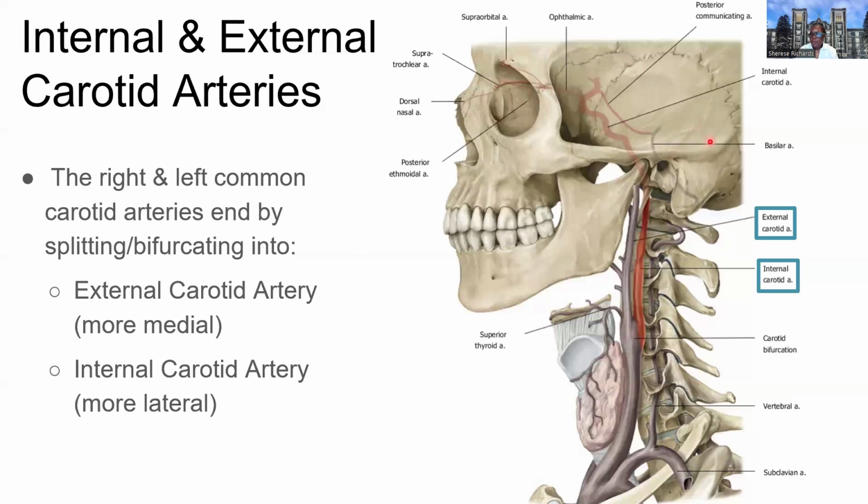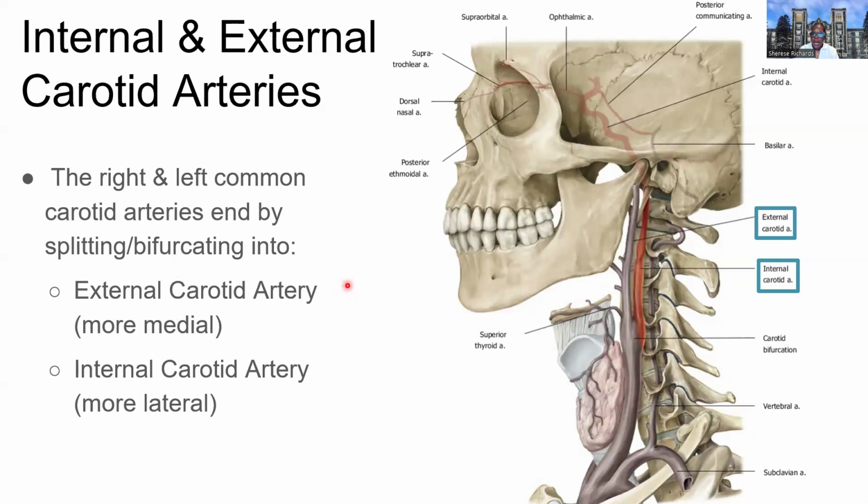And the internal aspects of the skull, versus the external carotid, which goes anterior and superficial, and this is the main supply to the face and skull, right? So the external carotid does the outer blood supply, and it's going to be more medial, but more anterior and more superficial, whereas the internal carotid is going to be more lateral, but more posterior, and then that is going to run deep to enter the brain.